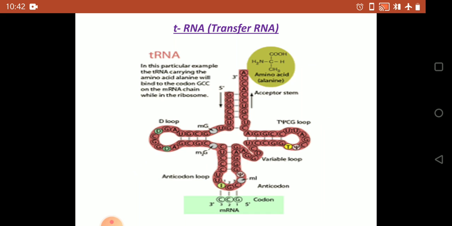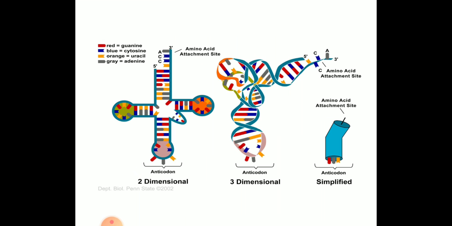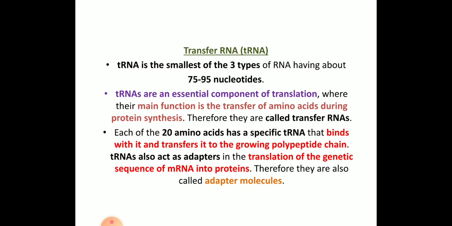This tRNA was discovered by Holley, and the structure was proposed by Kim in the 3-dimensional form. This is how the tRNA looks in a simplified single structure.